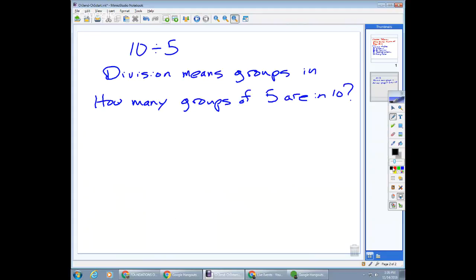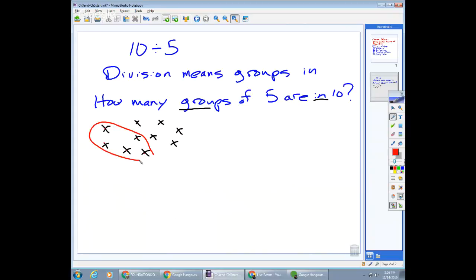So what's that going to look like? Well, I'm looking for groups of 5 in 10, right? So that means I need to see the 10. So 1, 2, 3, 4, 5, 6, 7, 8, 9, and 10. And then I want to collect them into groups of 5. So 1, 2, 3, 4, 5.